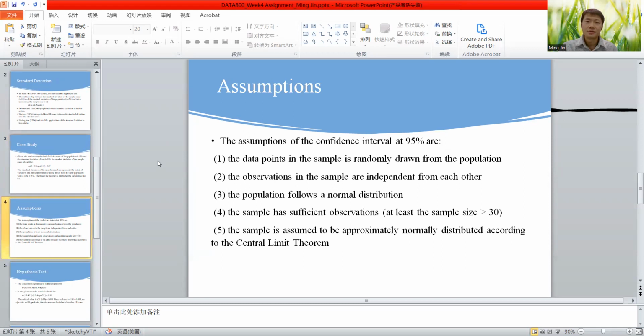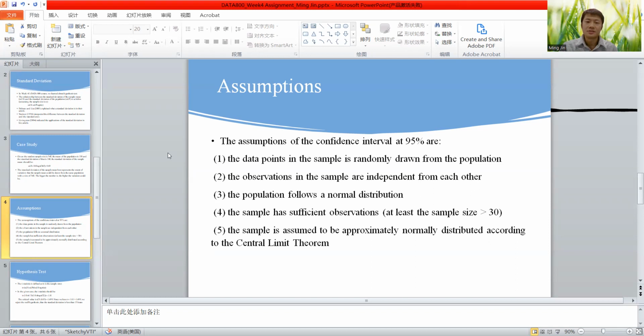There are several assumptions concerning the confidence interval at 95%. The first assumption is the data points in the sample are randomly drawn from the population. The second assumption is the observations in the sample are independent from each other.